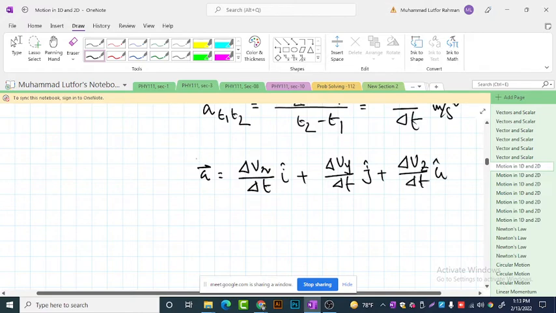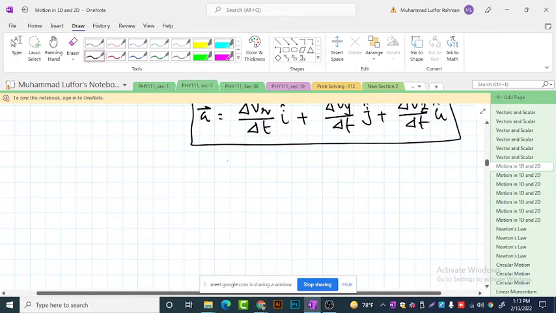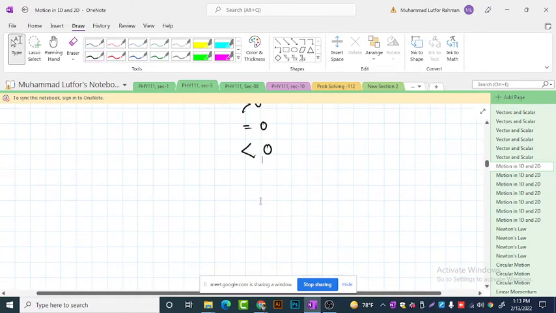That would be the average acceleration of the particle in the three-dimensional case. You can use that formula by the same analogy. It could be greater than 0, equal to 0, or less than 0, depending on the situation.